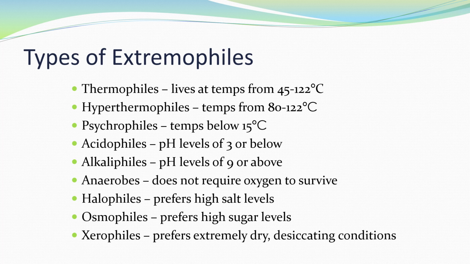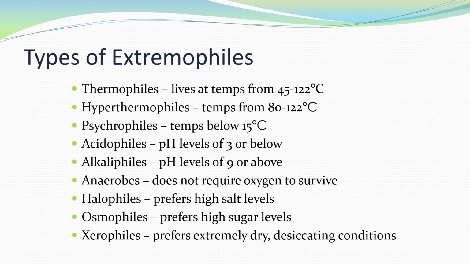When it comes to our types of extremophiles, you have temperature extremophiles. There are three I want you to know. There are thermophiles. These guys are going to live at temperatures that are a little bit on the warmer side. So they are known as heat lovers. So thermo being heat and phile being lover.